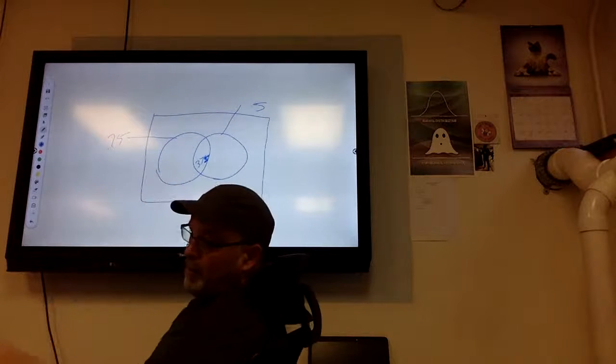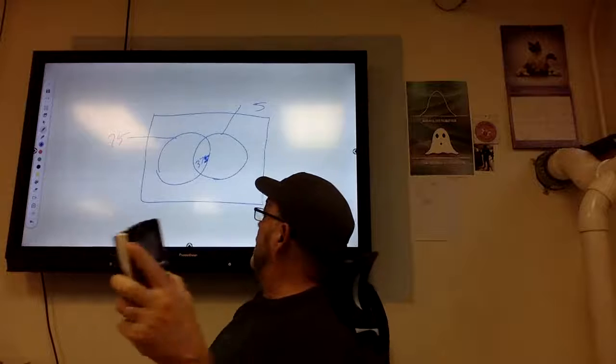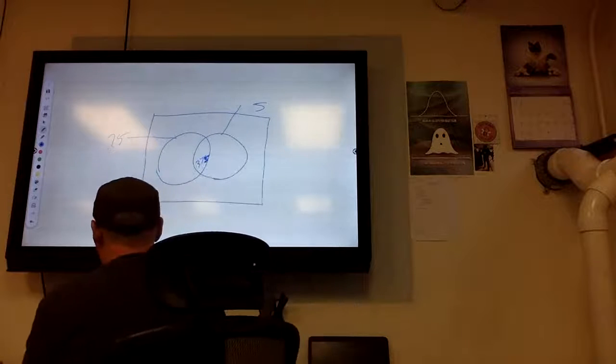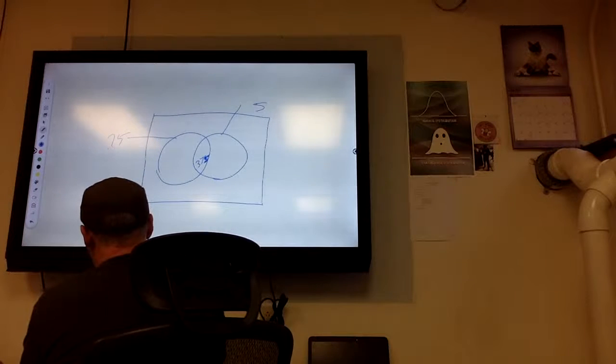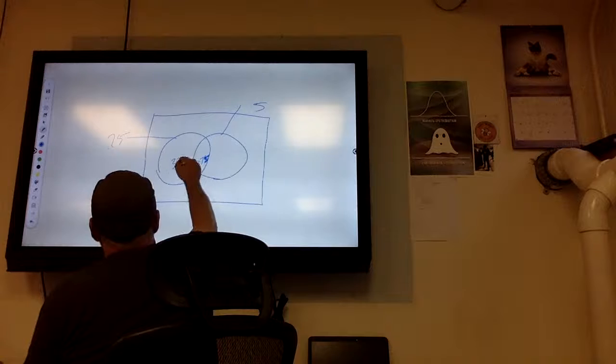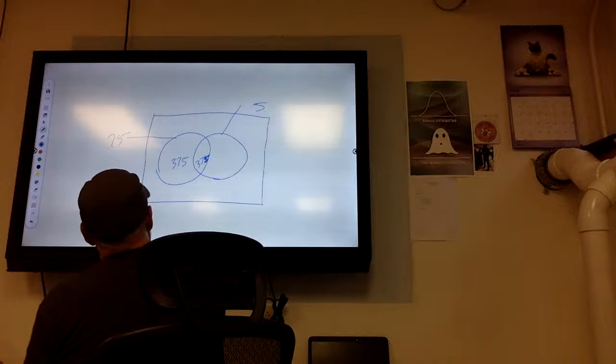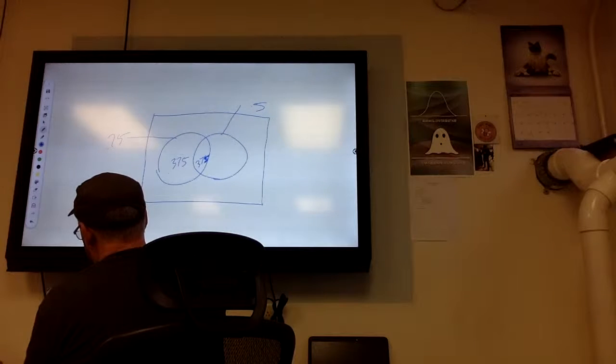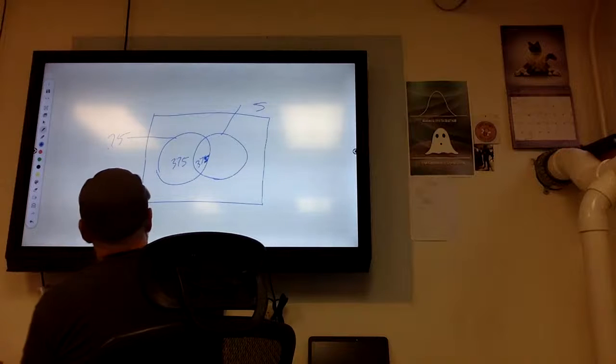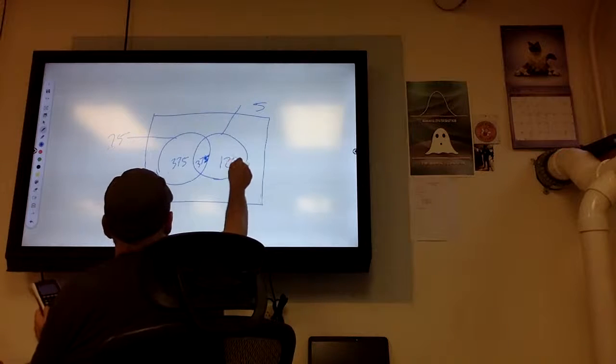So we have to figure out the probability of winning only job A, which would be 0.75 minus 0.375, which is 0.375. And then only job B, 0.5 minus 0.375 is 0.125.